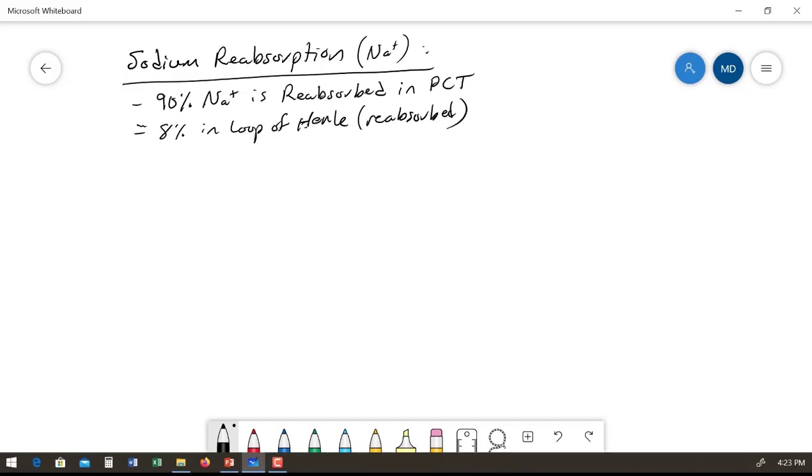And so this leaves us with about 2%. The final 2% is going to be reabsorbed in the distal convoluted tubule.